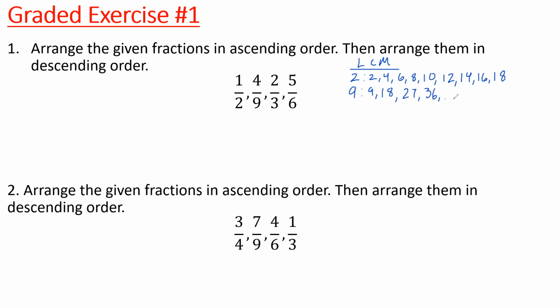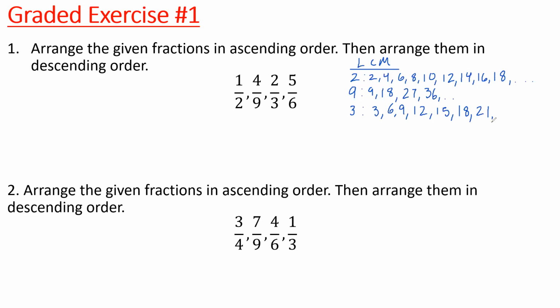Okay, and 3, what else? Multiples of 3: 3, 6, 9, 12, 15, 18, 21. We can stop at 21, right? Yes, sir.